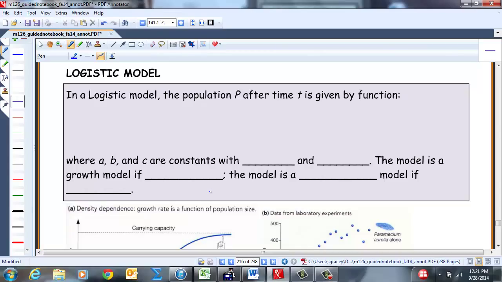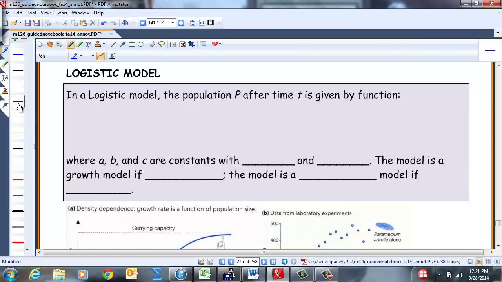Isn't there a limited number of fish that can survive in the fish tank before they start dying off, right? You can't jam 5,000 fish into a fish tank. I mean, a regular size fish tank. So a logistic model helps make adjustments for that.